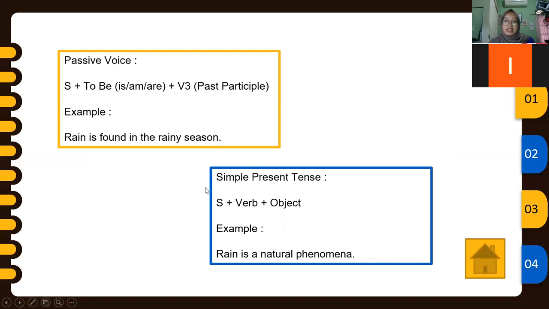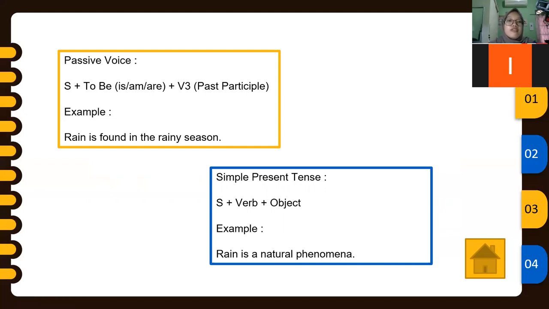Okay, the next is the formula of simple present tense. This begins with subject plus verb plus object. The example of simple present tense is rain is a natural phenomena. Now, Rully, where is the object of this sentence? Yes, a natural phenomena. Good job, Rully. Okay, repeat once more.